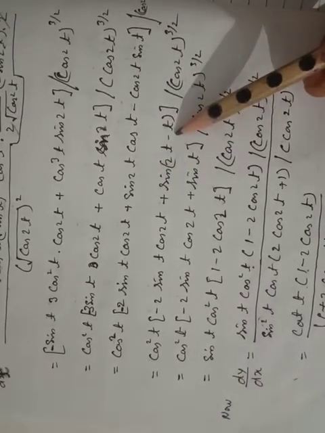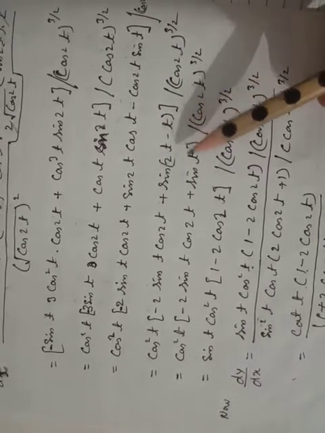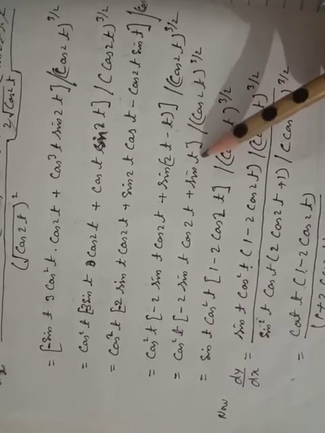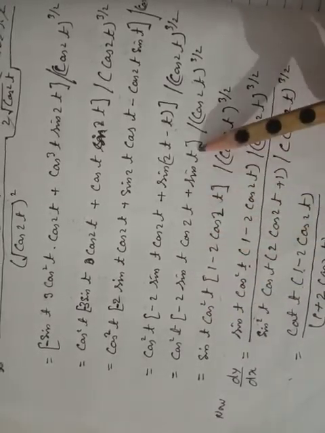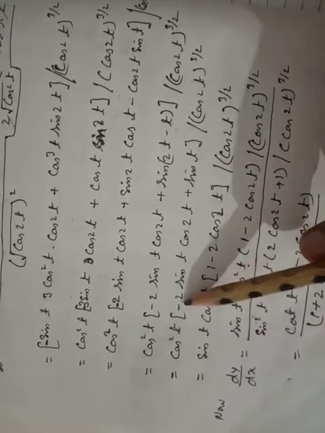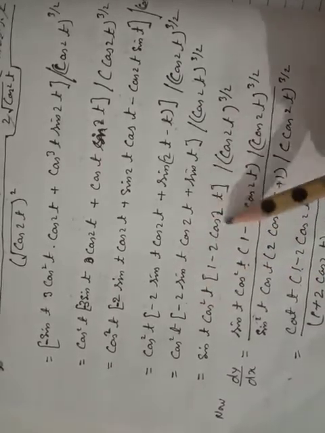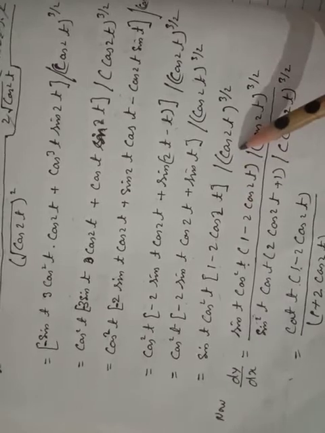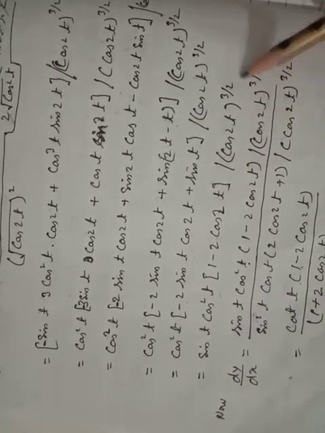You have already studied it in class 11th. Similarly, sin of 2t minus t means sin t, and sin t here, so you can take sin t as common. Cos square t you have already taken common, so inside the bracket it becomes 1 minus 2 cos 2t over cos 2t to the power 3 over 2.